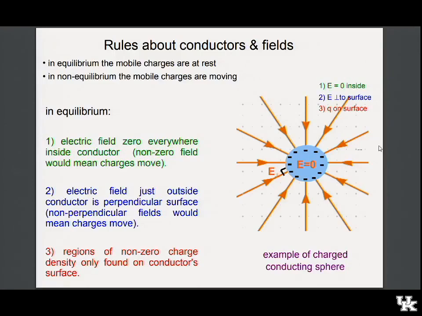There's one other point about a conductor in equilibrium. There can be regions that are positively charged, i.e. have more protons than electrons. There can be regions that are negatively charged, so you have fewer protons than electrons. But those regions are limited to the surface. They can only occur on the surface.